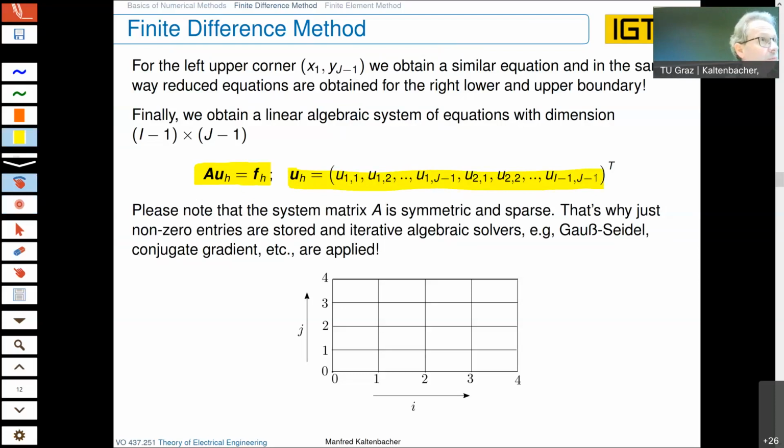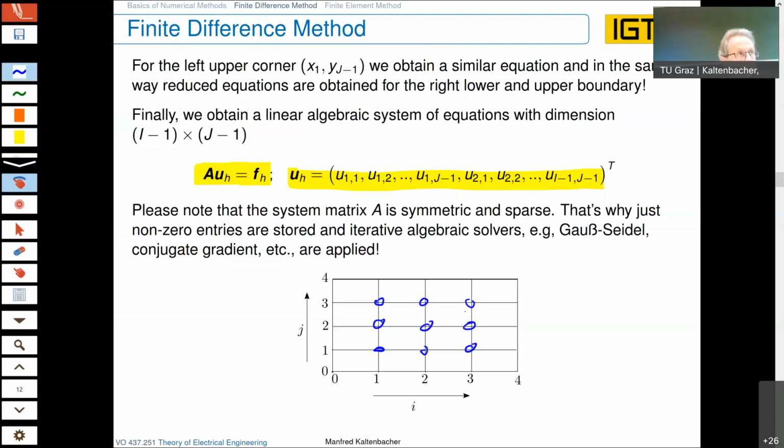And this is then our solution vector, in our case going from 1 to 9, because we have these 9 unknowns. And for this system of equations, you need the algebraic solver. Having this algebraic solver at hand, a direct solver for example, or any iterative solver, you get the solution for these nodes here, where we don't know the solution in advance.